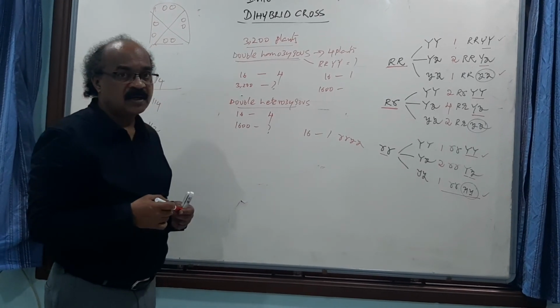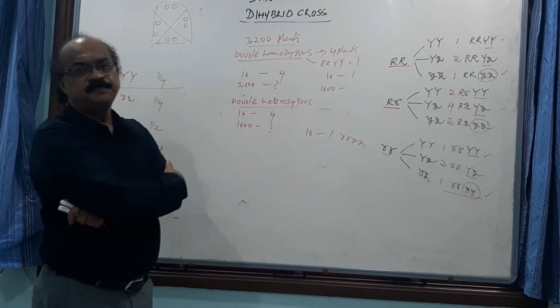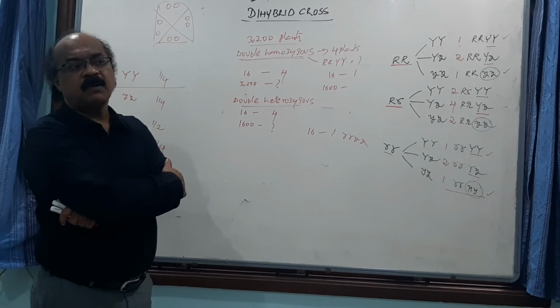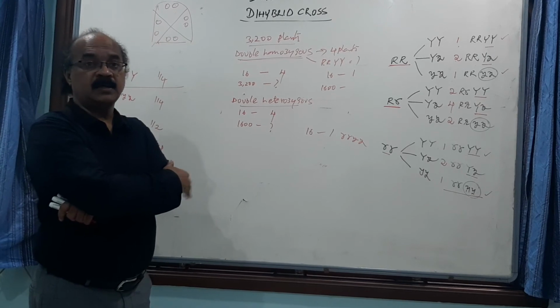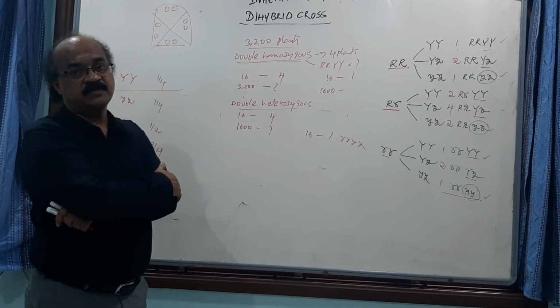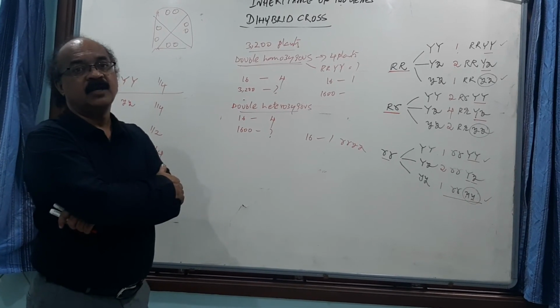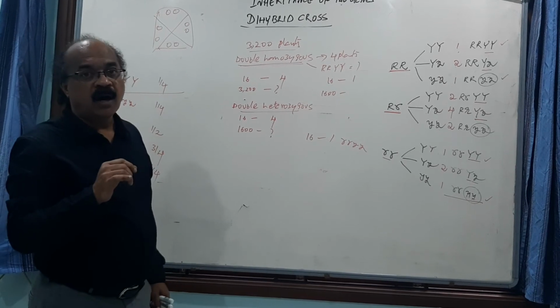Let me tell you, basically you must remember: the probability of dominant is 3/4, recessive 1/4, homozygous condition 1/4, heterozygous condition half.